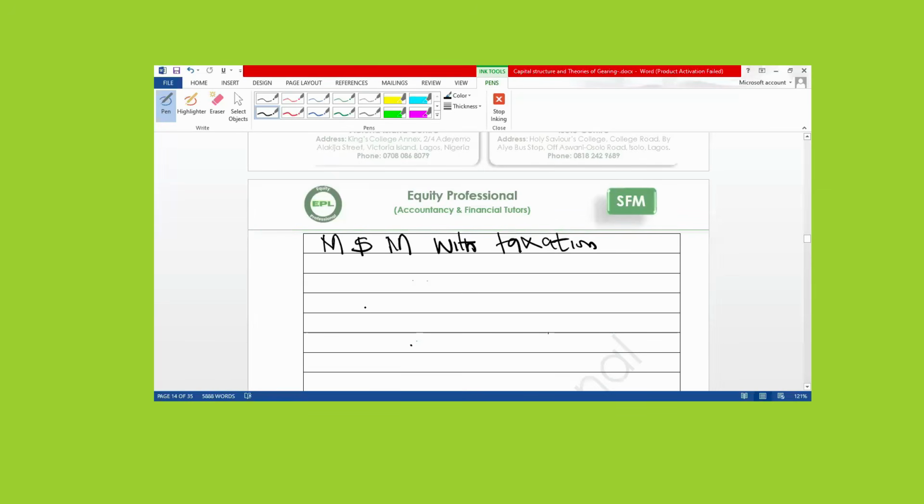If you recall, we said weighted average cost of capital of geared is equal to weighted average cost of capital of ungeared, bracket 1 minus value of debt multiplied by tax over value of equity plus value of debt.